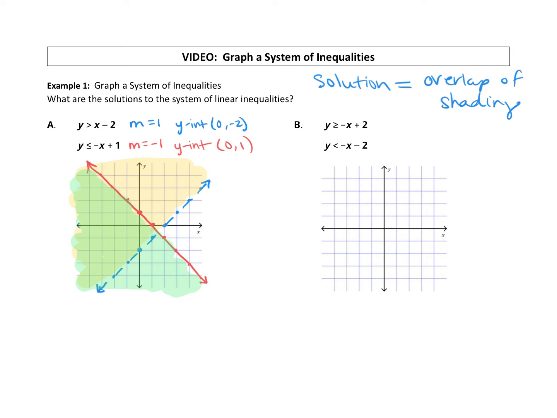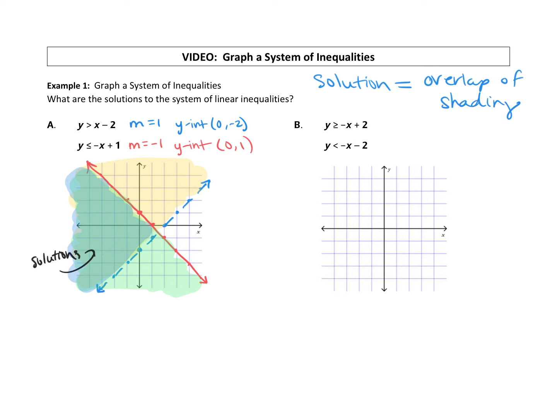If you want to make that shading a little bit more obvious, maybe I'll come in with another color just to say this is my solution shading right here. Maybe you could even make a note just in case it's not obvious. Those are the solutions right there.